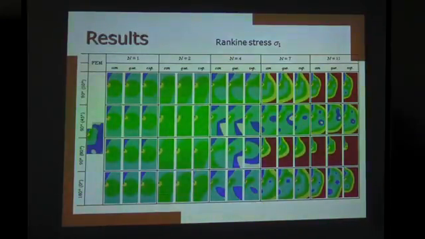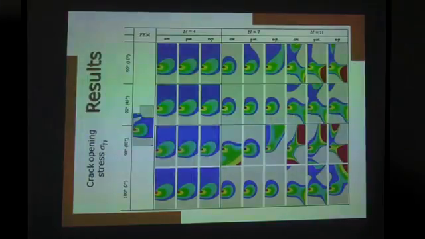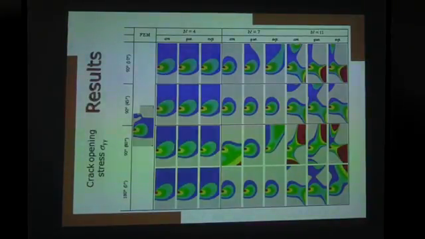This is for sigma 1, the first principal stress, and this is for the opening stress. Here the first two terms are not shown because the differences are very low.